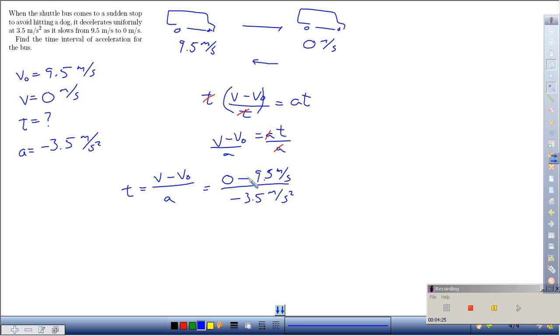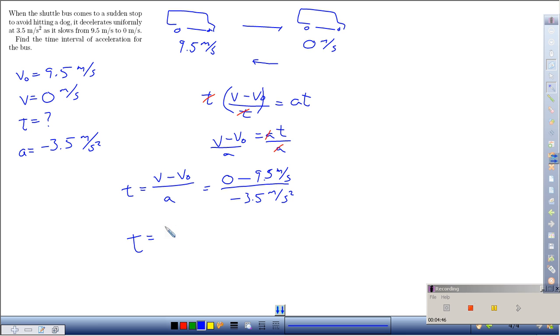I'm going to have a negative up top because 0 minus 9.5 is just going to be negative 9.5. I'm going to have a negative on the bottom, negative 3.5. Oh hey, that's going to work out really well because my negative and my negative will cancel out, giving me some positive amount of time, which is always a good thing to have time be positive. So my time is going to equal 9.5 divided by 3.5.